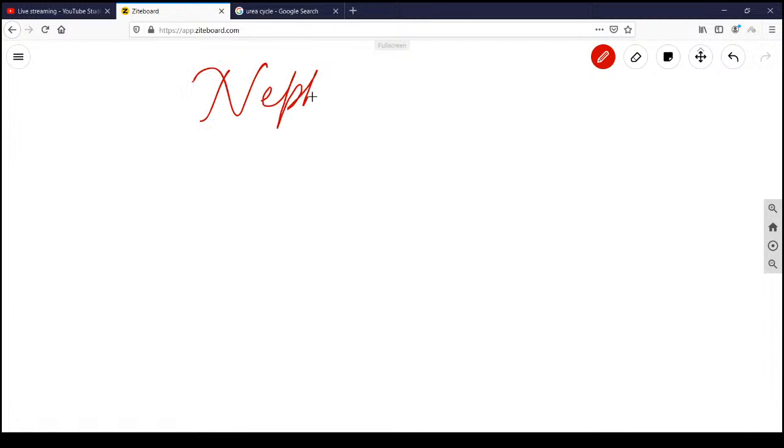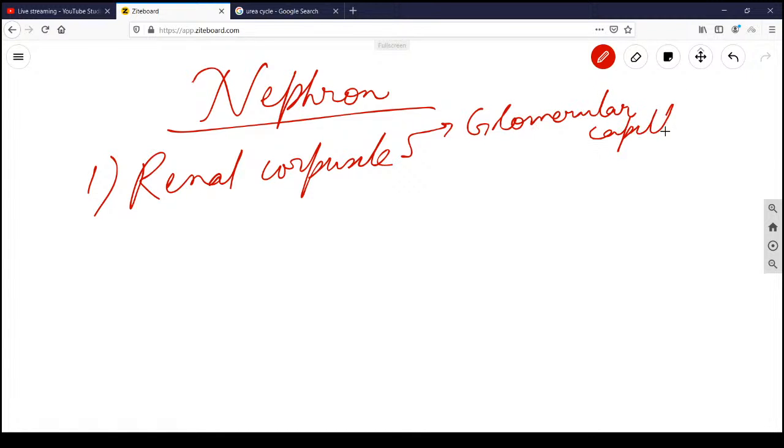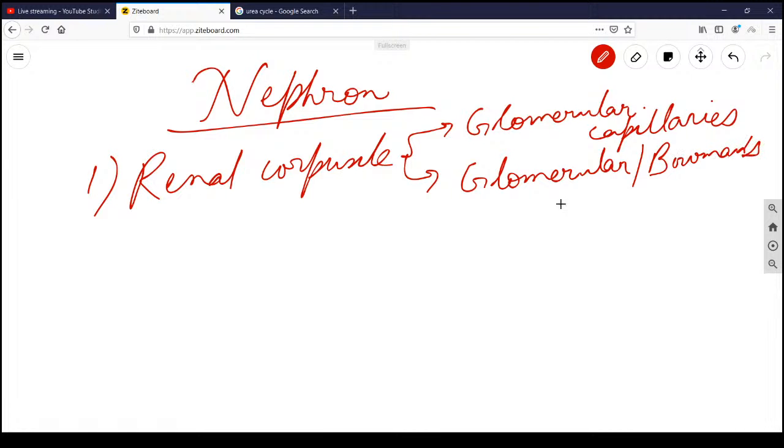If you look at a nephron, it's made up of renal corpuscle, capillaries, and glomerular slash Bowman's capsule.